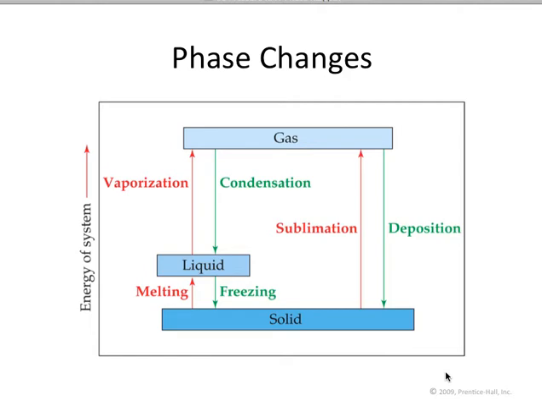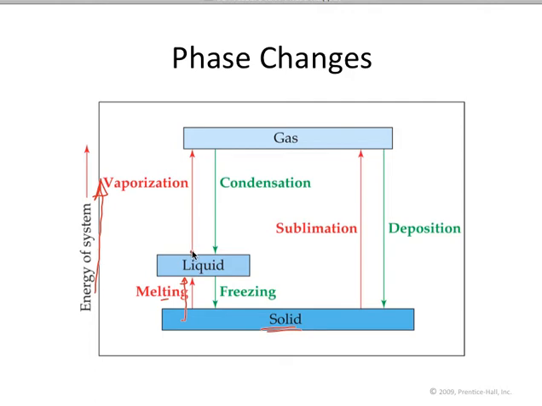Okay, so phase changes. Hopefully you're familiar with these from 8th grade. Okay, what I like to show is the difference. This is the energy of the system increasing. Okay, so really the lowest energy system is that solid because the temperature is low, the kinetic energy of the system is low. If I put some energy into the system, I'm going to go from the solid phase to the liquid phase, and that's called melting.